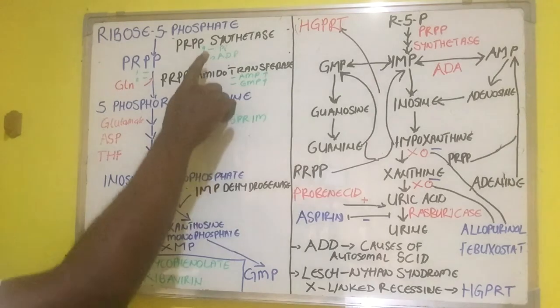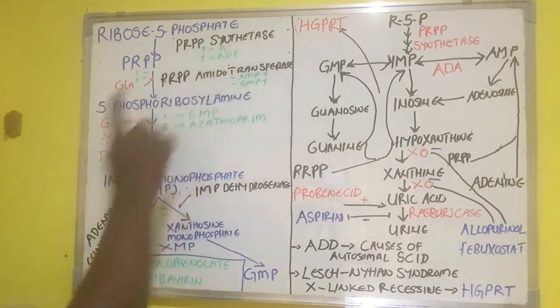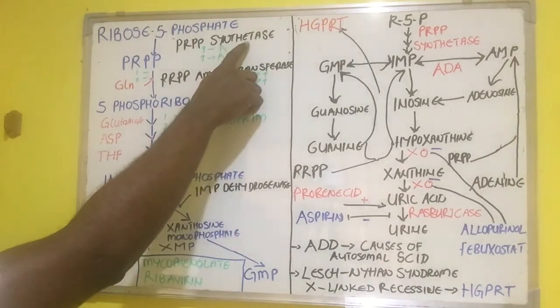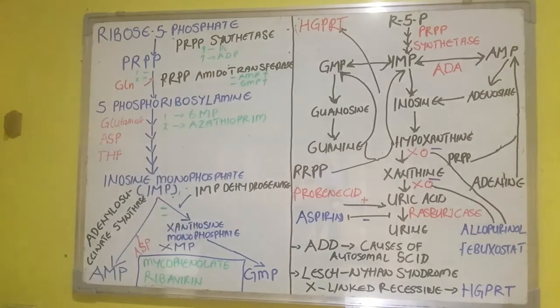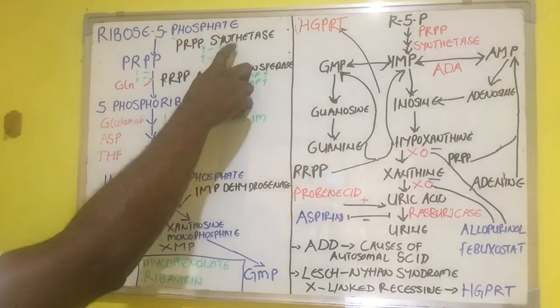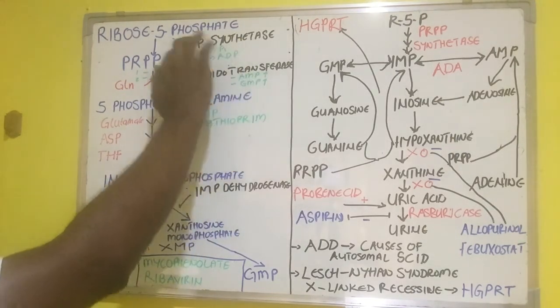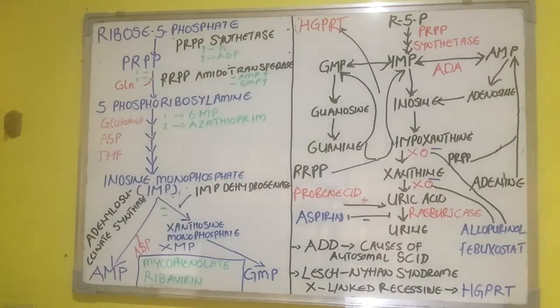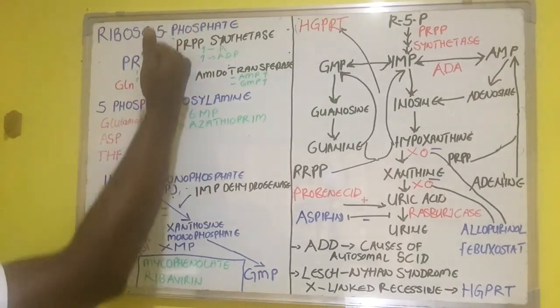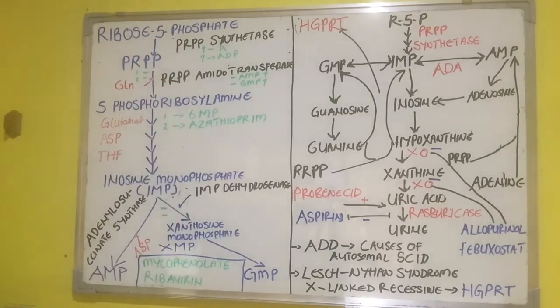One of the inhibitors of PRPP synthetase is a high level of phosphate and a high level of ADP. What does it mean? If there is a high level of phosphate and ADP, there is not enough energy to power the system. So a high level of phosphate and ADP will shut this system down, and the PRPP will not be converted.